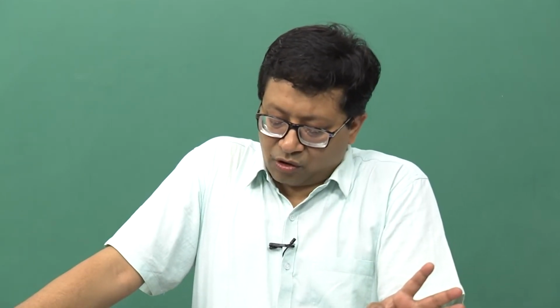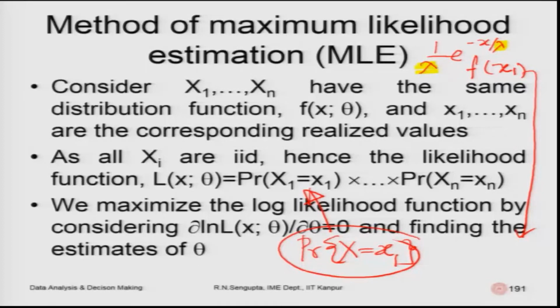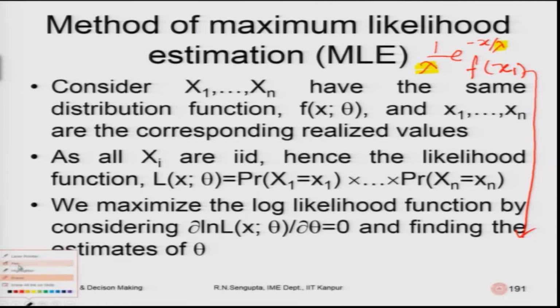We maximize the log likelihood function by differentiating. So the del of ln of L of x, theta is the log likelihood.